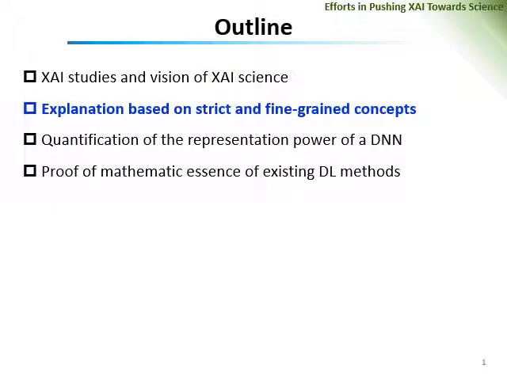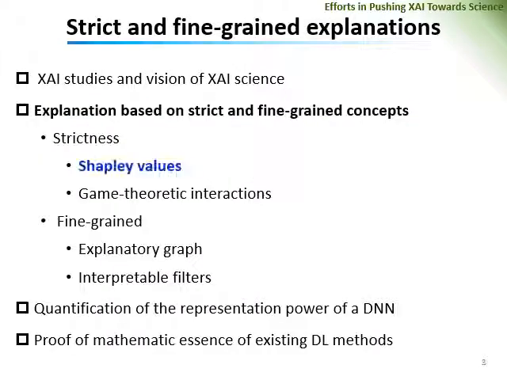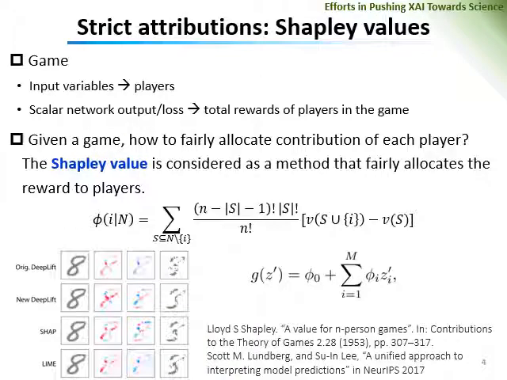Then I will introduce some previous studies on both the strict explanation of neural networks and the fine-grained explanation of neural networks. First, the Shapley value. The Shapley value is defined in game theory. To compute the Shapley value, let us consider each input variable of a DNN as a player, and let us consider the scalar output of the neural network as the total reward earned by all the players in the game.